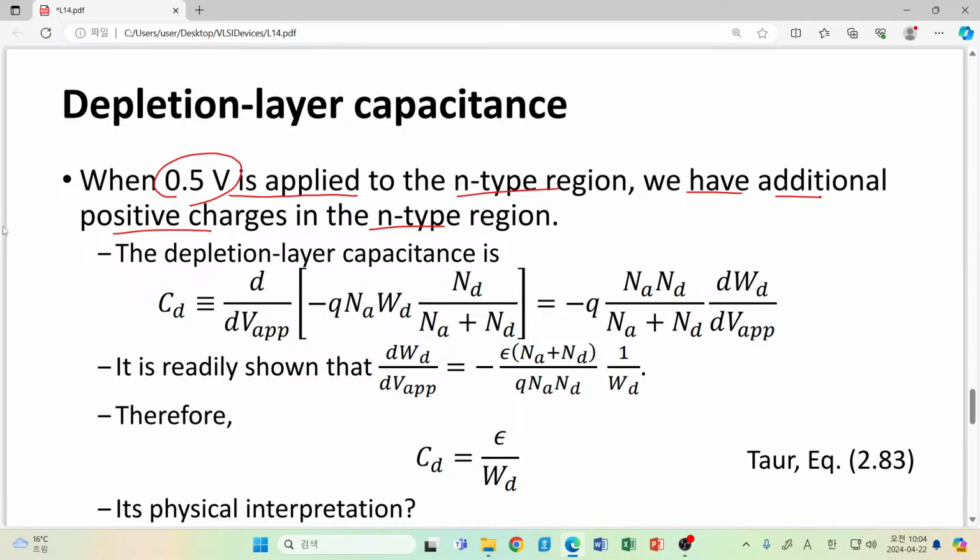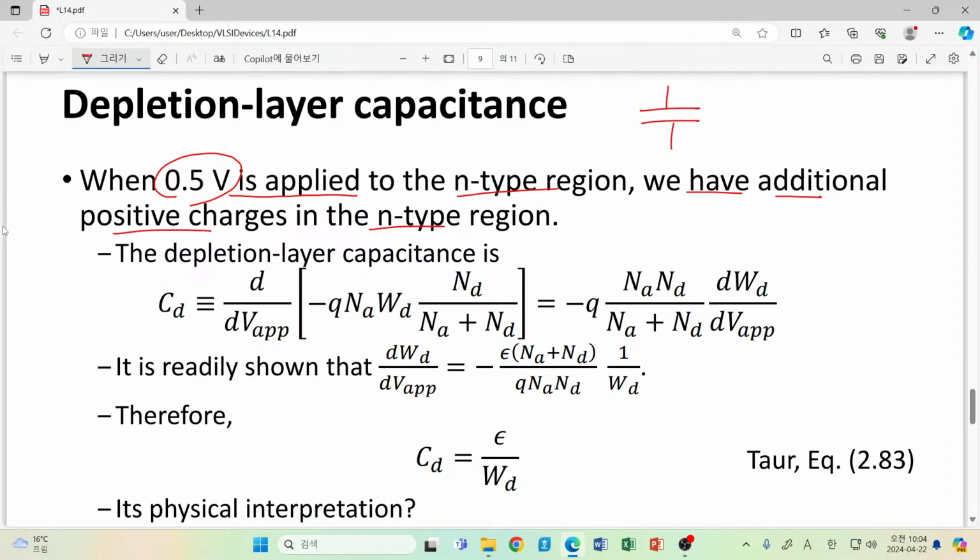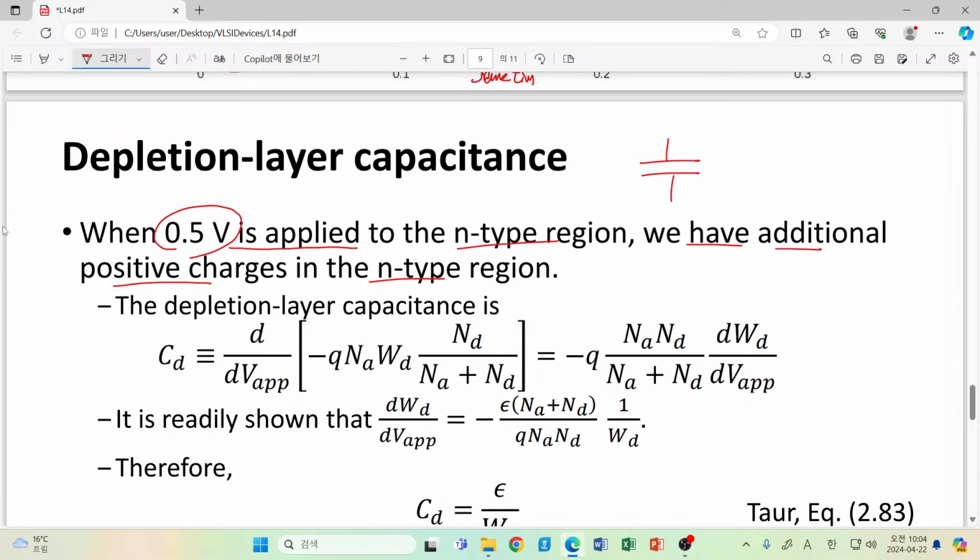Think about this one. I'm giving you a counterintuitive example. Let's say that here we have ground, and say that there is a certain DC voltage.